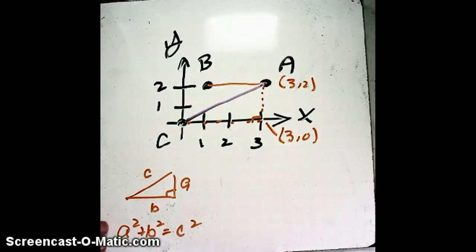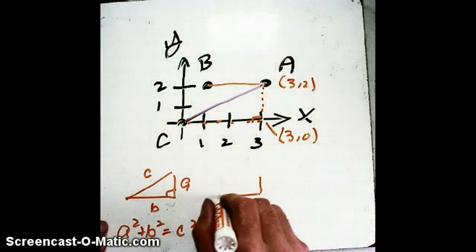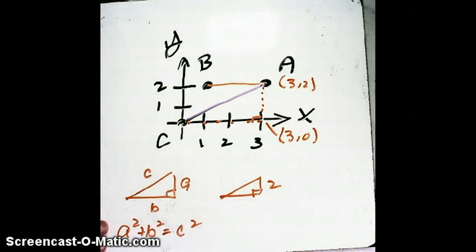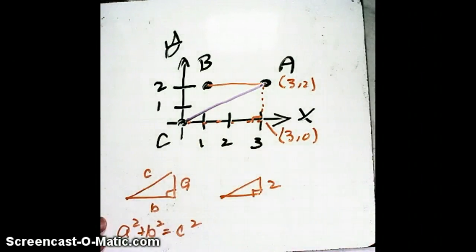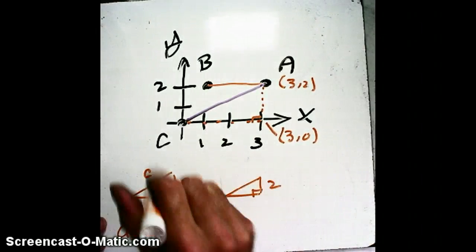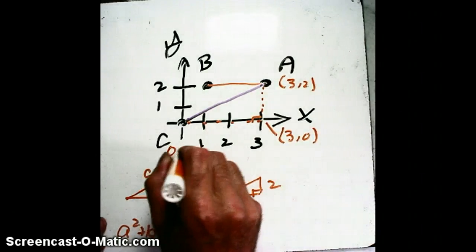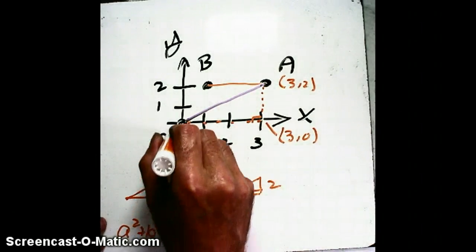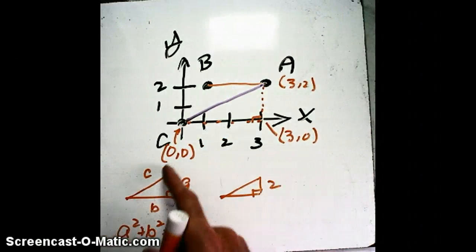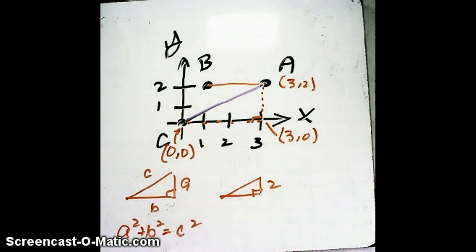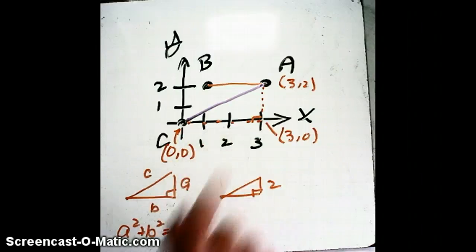So if I did that, I'd have a triangle that's 2 units here. Now how long is the triangle this way? Well, this coordinate's (3, 0), and we know this is the origin, or (0, 0) right here. So just subtract the x-coordinates. 3 minus 0 is 3. Or we could have just counted 1, 2, 3.